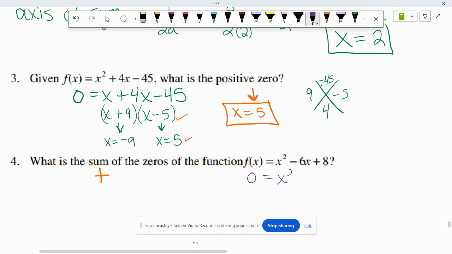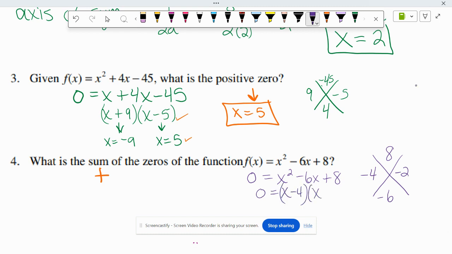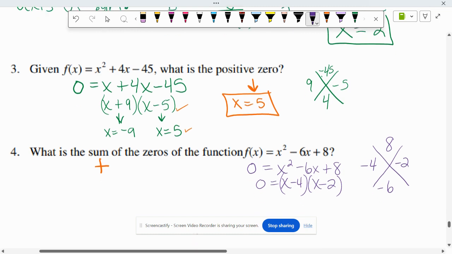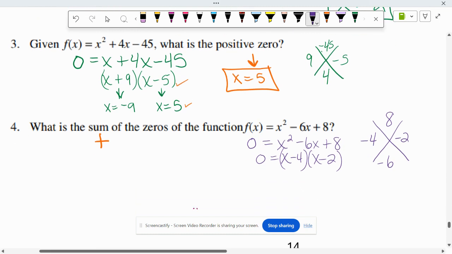So I'm looking for two numbers that multiply together to give me a positive 8, and when I add them, I get a negative 6. Yeah, negative 4 and negative 2. So this is 0 equals x minus 4 times x minus 2. If my factor is x minus 4, what is my root?